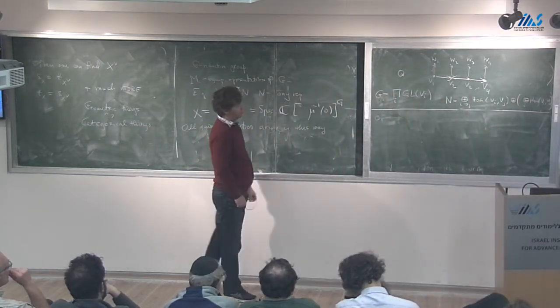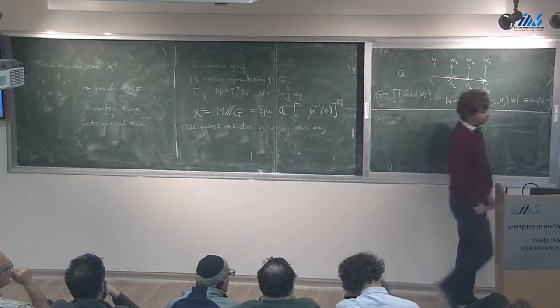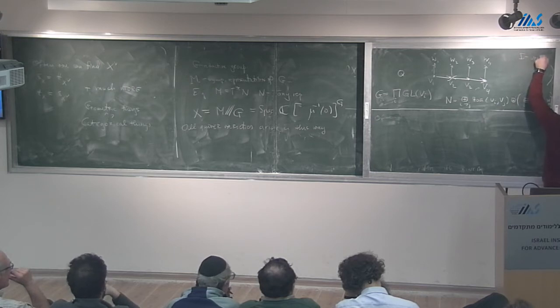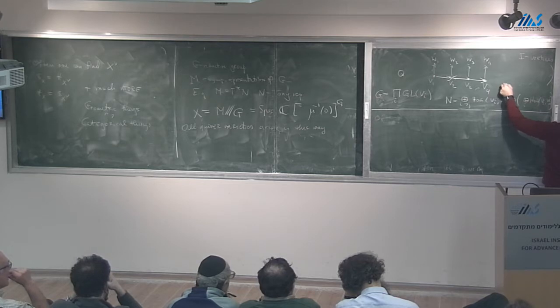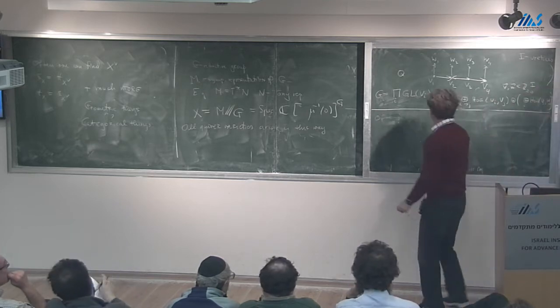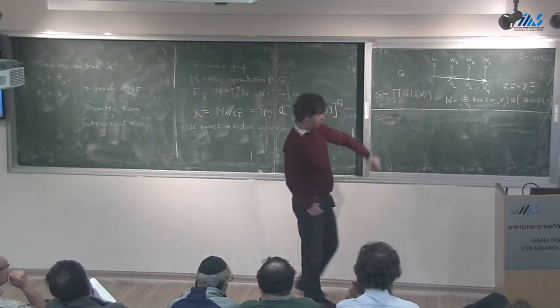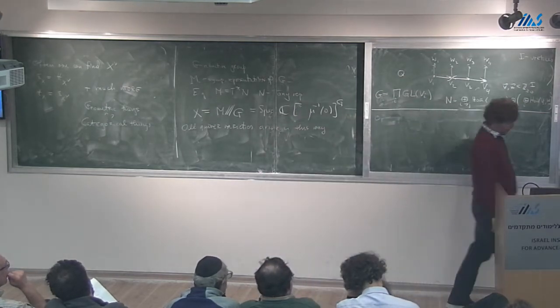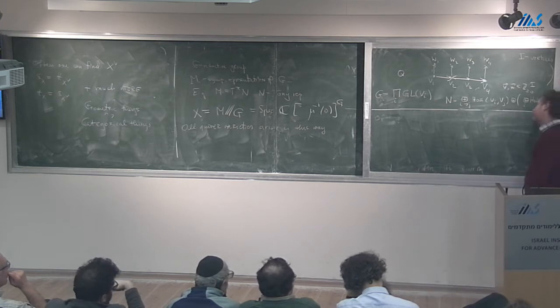That's the quiver situation, and in this case it depends on two vectors. If I is the set of vertices, then we can consider dimension vectors V and W, which both belong to Z greater or equal to 0 to the power I. So this quiver variety depends on this data, as in Vani's lectures and many other lectures here.